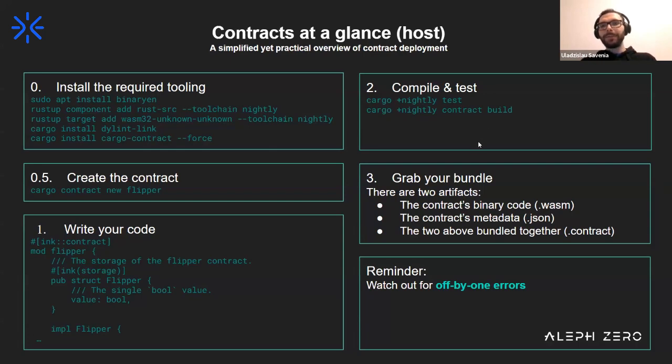And this build command will result in your binary and metadata stuff, which will then be used to deploy your contract and instantiate it on the chain itself. And there's also the contract bundle, which is basically binary of the contract and metadata bundled into one thing for your convenience.